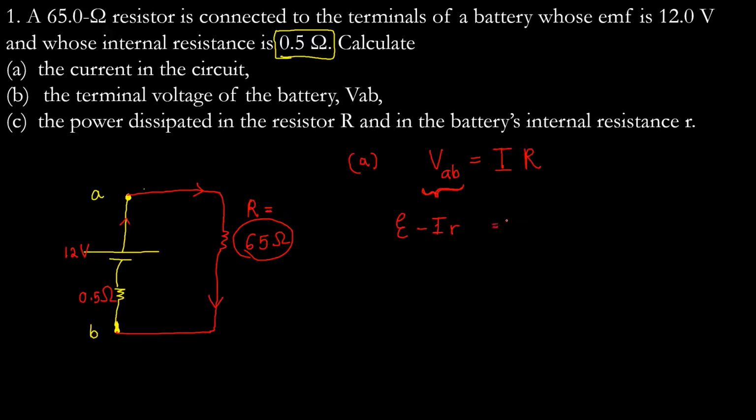So we can rewrite this equation like this: 12 volts minus the current going through your circuit, I, times r, which is the internal resistance, 0.5 ohms, equals the current, I again, times your resistance, 65. So if we solve this equation, we get 65I plus 0.5I.